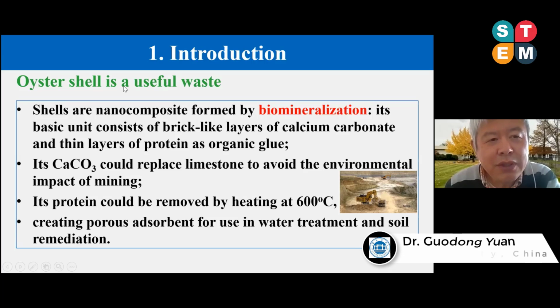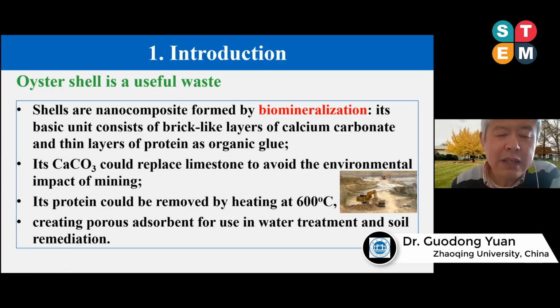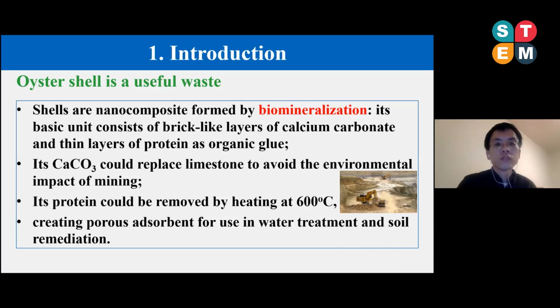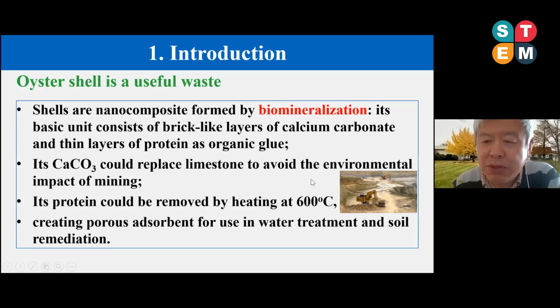And if we use oyster shell as an amendment for soil remediation, then we can reduce the use of limestone, because mining limestone is an environmentally unfriendly process. It destroys landscape, and limestone has to be heated around 900 to 1000 Celsius degrees to produce lime.